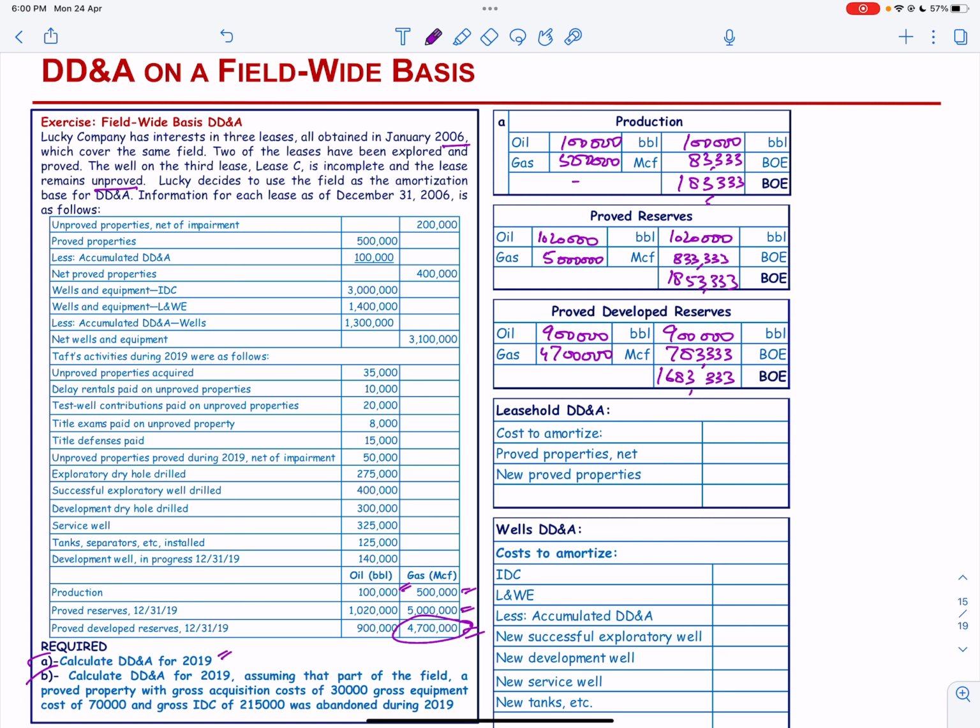Now we are going to have the leasehold DD&A. Now you can see that the cost of the proved properties is 400,000. So we have the cost of proved property as 400,000, and we have the unproved property proved during the year is 50.